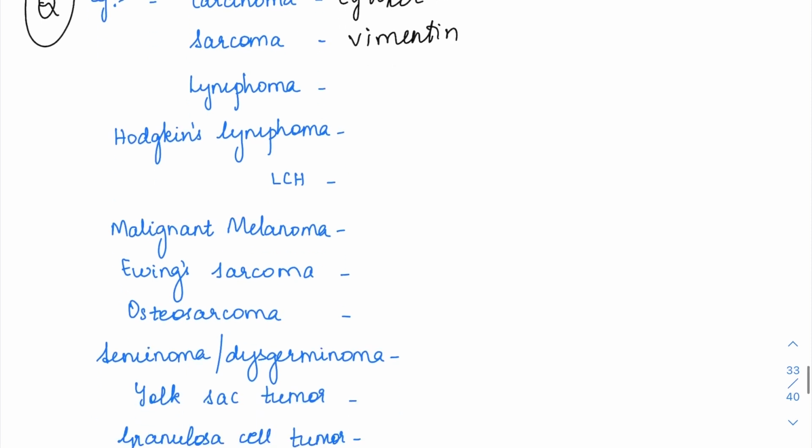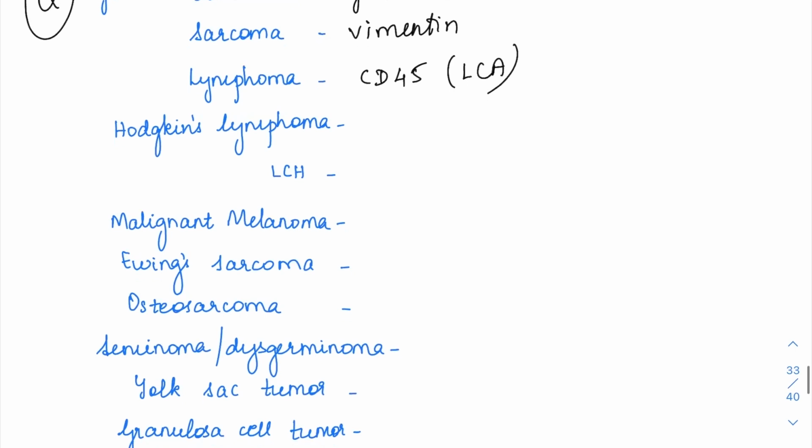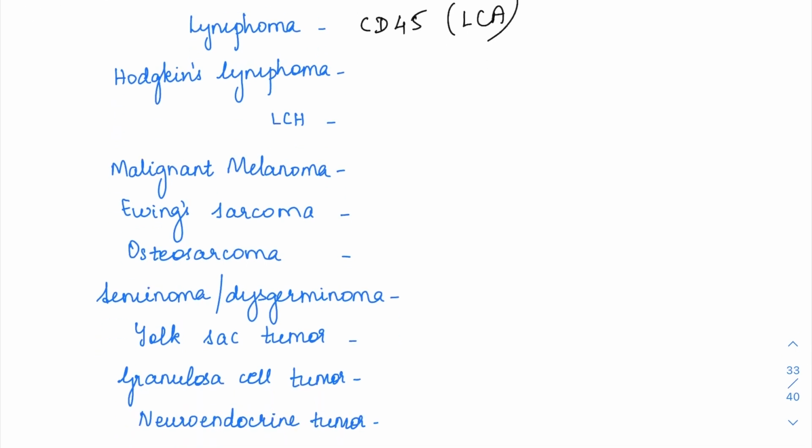For lymphomas, we can use CD45, which is nothing but leukocyte common antigen, LCA, right? Any lymphoma is going to express CD45. Then in classical Hodgkin's lymphoma, we are going to have CD15, CD30 and PAX5 positivity, and LCA is going to be negative in classical Hodgkin's lymphoma.